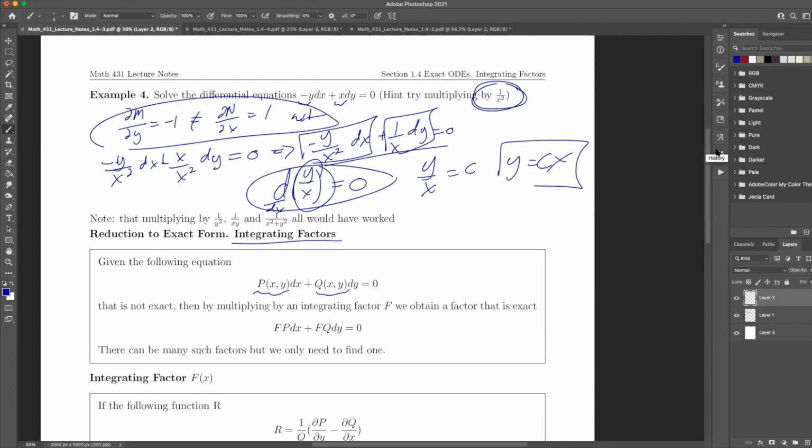If I differentiate this with respect to x, I get y over x squared minus 1 dx. And so this is implicit differentiation. If I implicitly differentiate this, plus this with respect to y, I get a 1 over x dy. So then I can collect this and put it back into this.